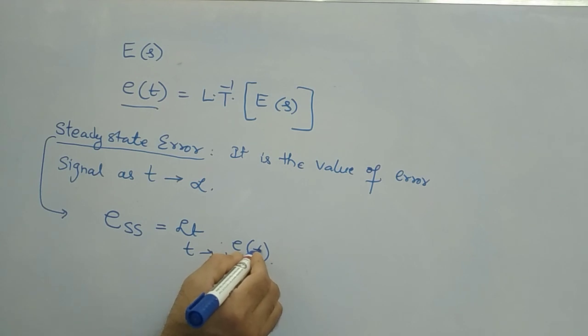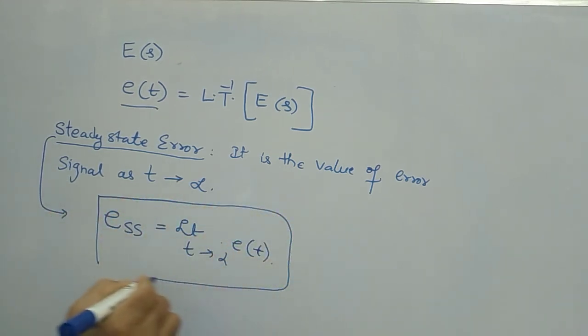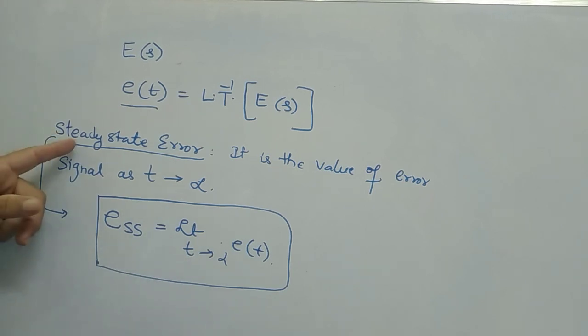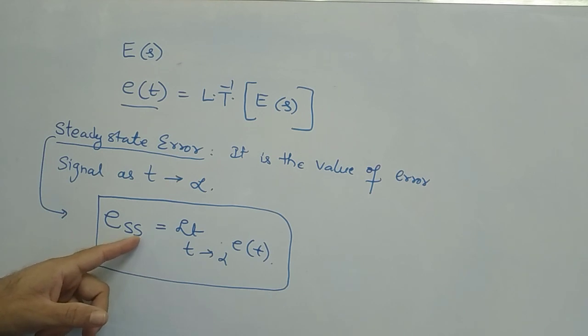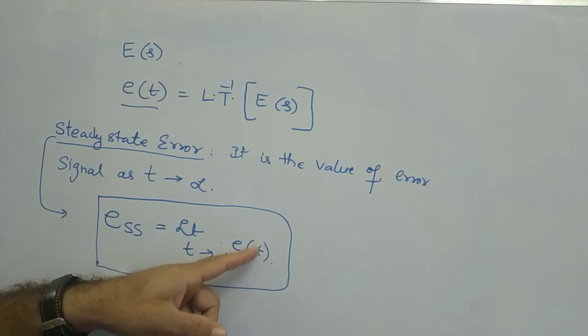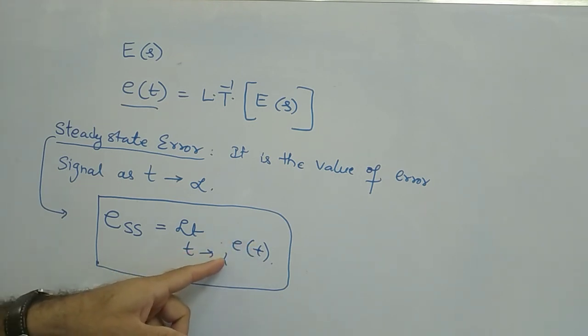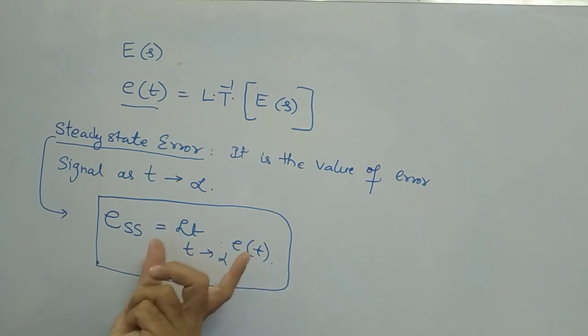This is the definition. So the value of E of t at t equal to infinity gives the steady state error.